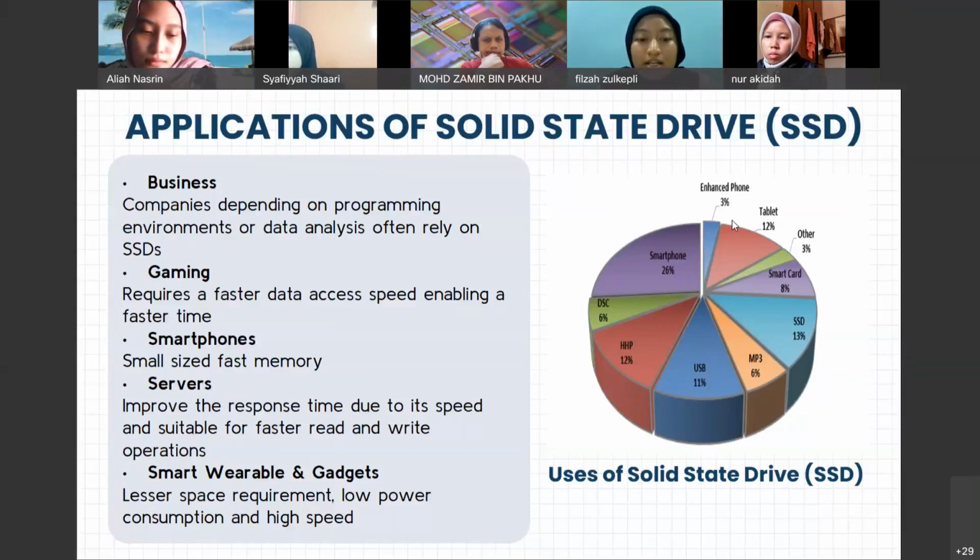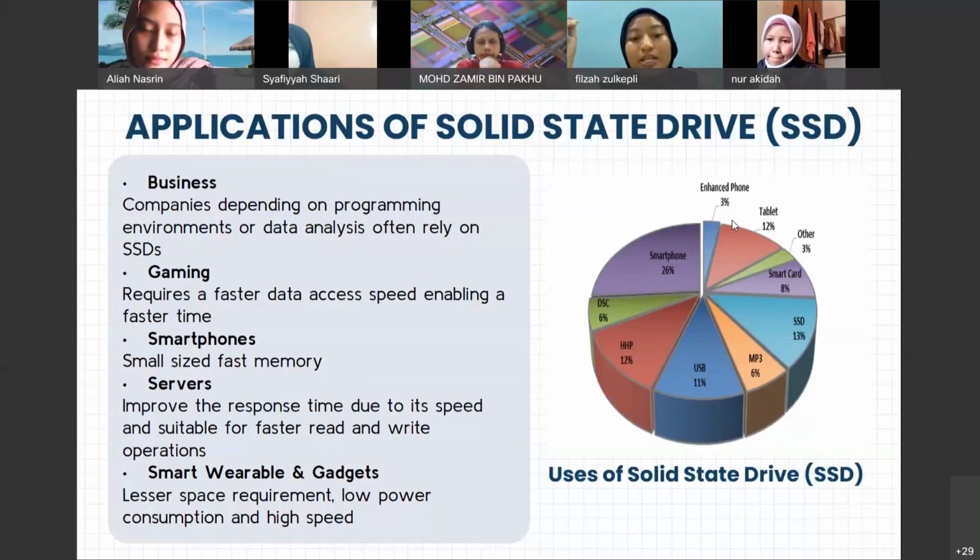And then the second one is gaming. For every gaming program, the computer requires fast data access, enabling a faster load time, which is provided by the SSD. And then smartphones. With the continued developments in the smartphone industry, the need for small size, fast memory is best fulfilled by SSD.